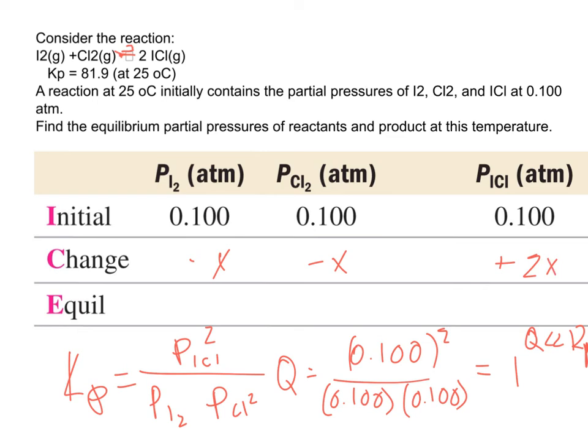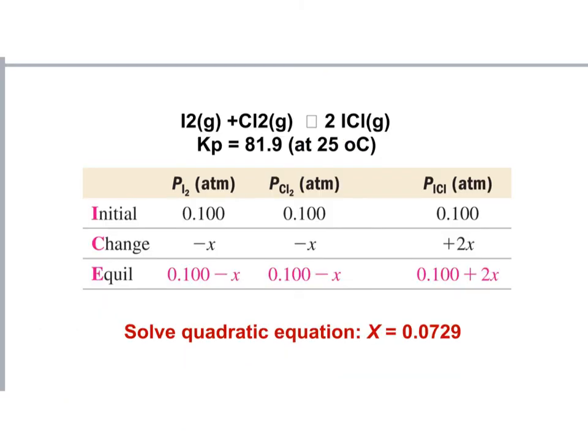And then we come up with 0.100 minus x, 0.100 minus x, and 0.100 plus 2x. And we could solve this thing. So again, you generate a quadratic, and we can work on these a little bit in lecture. When you generate the quadratic, you get to a solution that is 0.0729 for x.